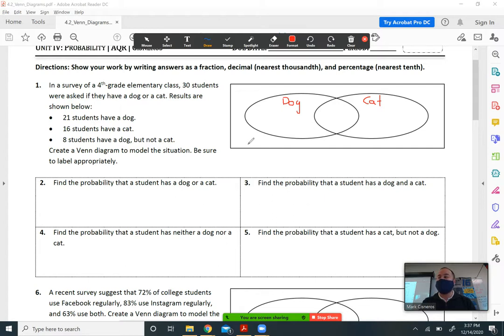Where would the 16 go? Cat. You sure? What do you say, Javen? Yeah. Can I put 16 here? Why can I not put 16 here?